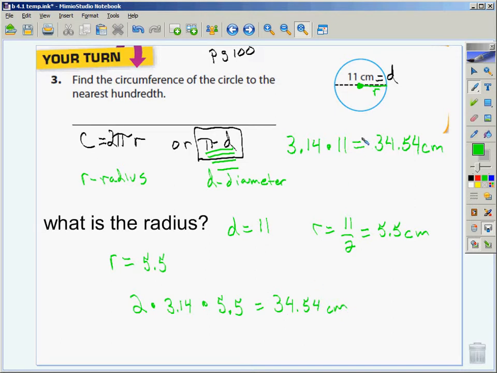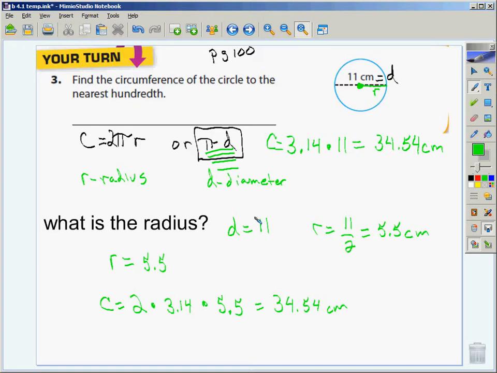Either way that I do it, I should find out that my circumference would be the same. I chose to do it using diameter because they gave me the diameter. There was no reason to find the radius unless they asked me to. Or unless they asked me to go further and find the area, which we're going to talk about tomorrow.